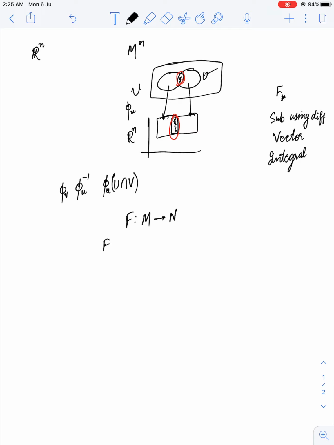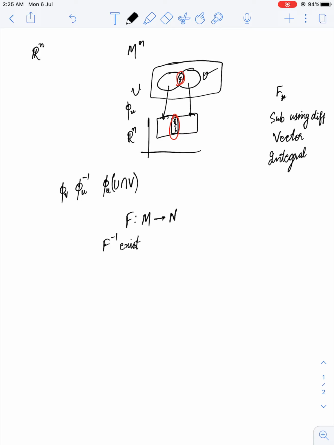F should be continuous and differentiable, and it should be one-one and onto such that F inverse exists, and this F inverse should in fact be differentiable. Then only we say F is a diffeomorphism from M to N.